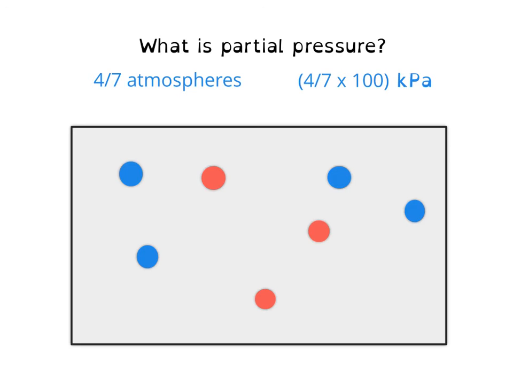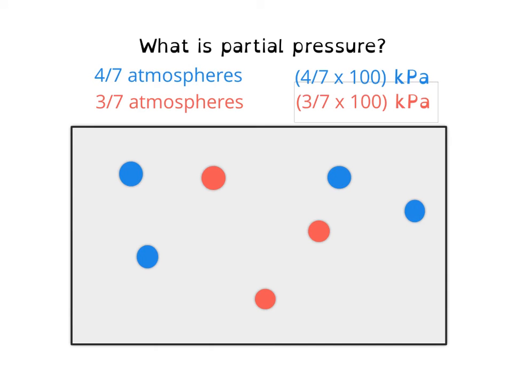So we can say that the partial pressure, assuming the pressure has remained constant, which it normally would in a sealed container at fixed temperature, the partial pressure of the blue gas is going to be 4/7 of the total pressure, because 4 of the particles are blue gas and 3 of them are red.